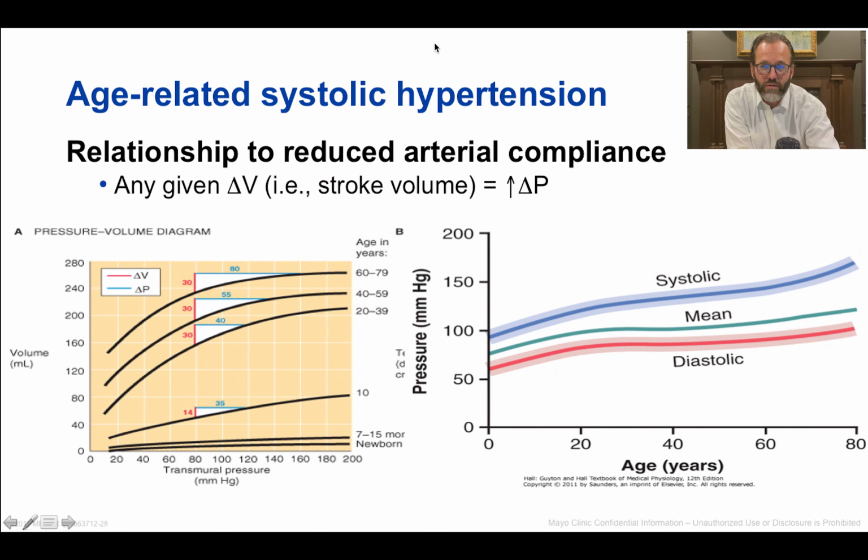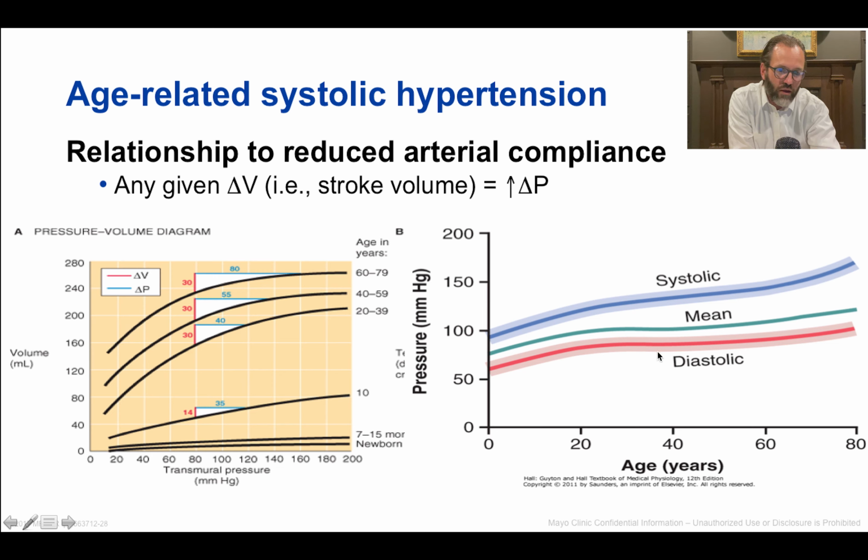So when we look at this specifically, again, we've got our pressure-volume relationship here on the left. We've got representative changes in blood pressure on the right. And as we go from 0 to 20, you can see that you have these progressive increases, which are largely normal, right?